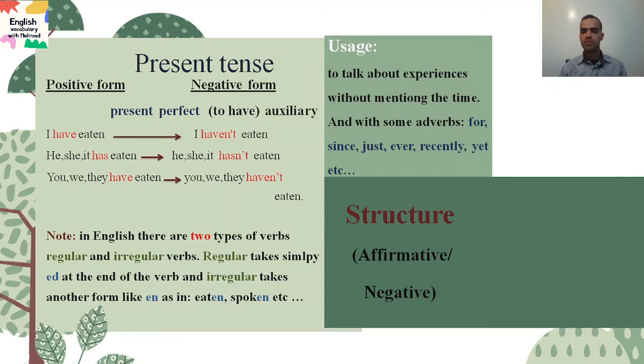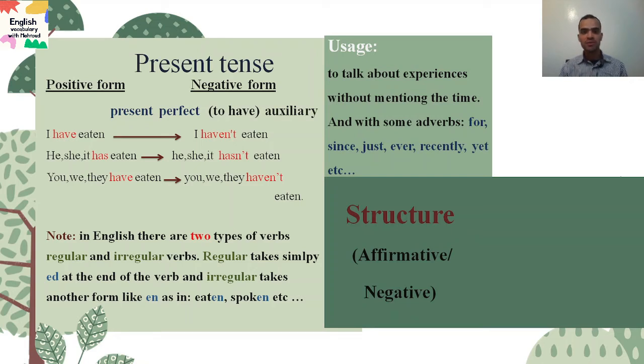Present perfect talks about something that happened in the past, but it's just an experience, and we cannot mention the time. If we mention the time, it will be considered wrong. And adverbs, as I told you before, help us to identify and choose which tense is right in the context.